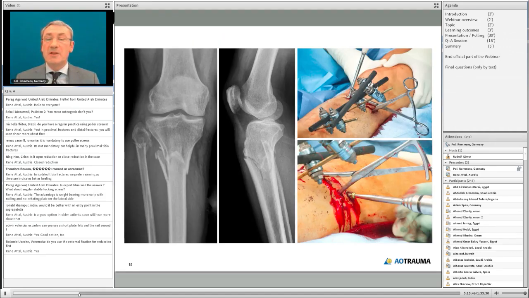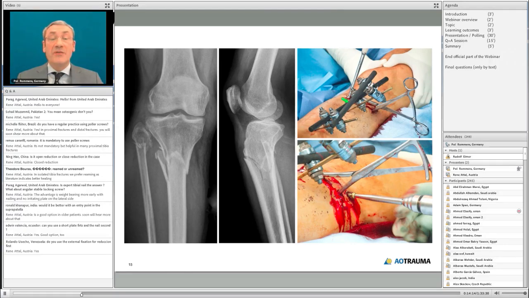Here you see some intraoperative views of the treatment of this proximal tibia fracture with an undisplaced extension into the knee joint. In the colored pictures, you see the use of a ball spike to close the fracture gap anteriorly.